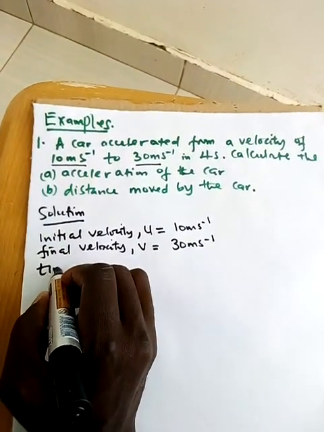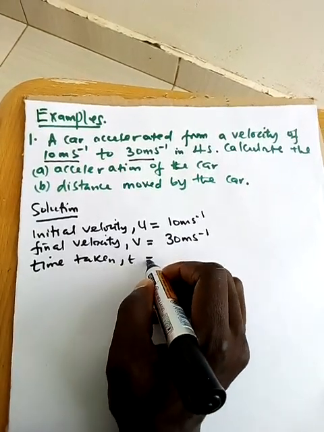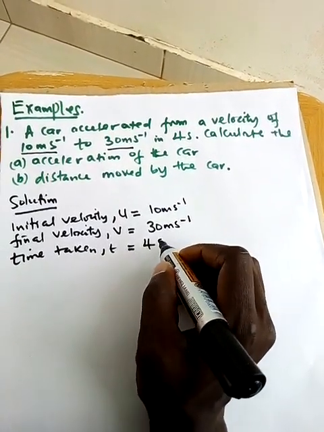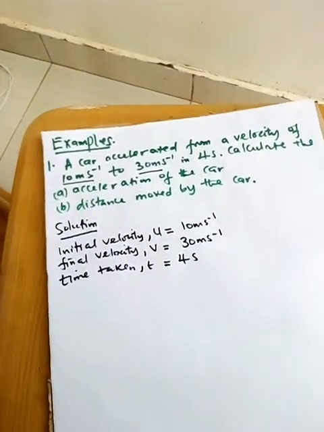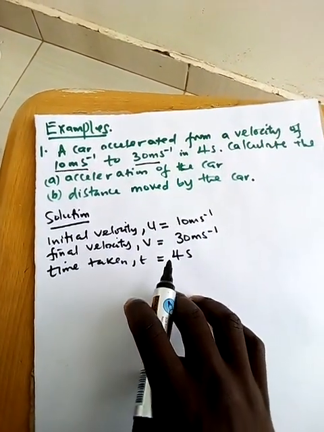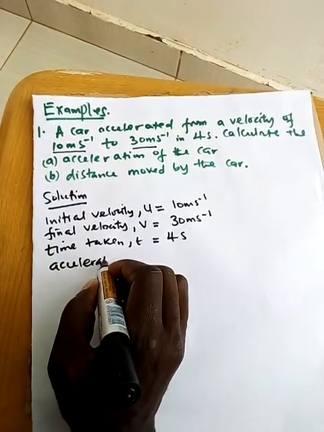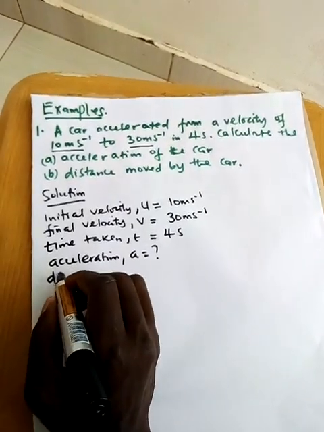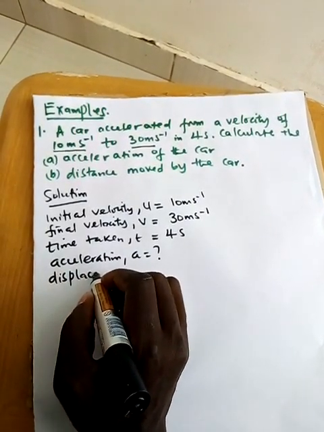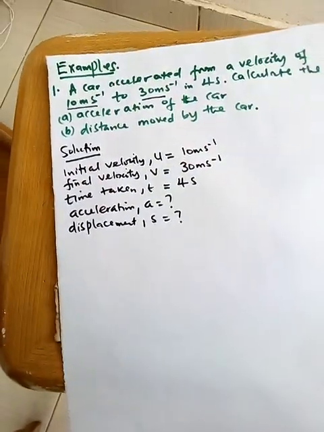The time taken, which is t, is equal to 4 seconds. If that's the case, then we are requested to get the acceleration. So acceleration A in this case is not known, and of course even displacement S is also not known.